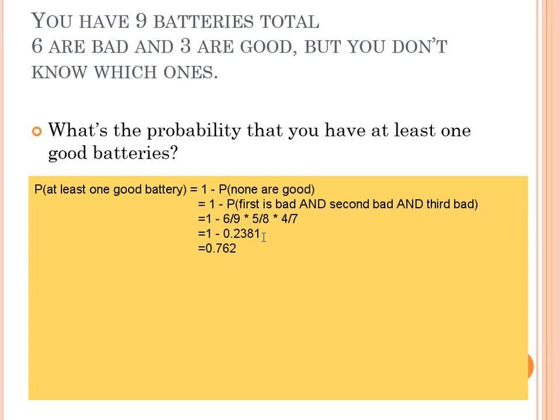We'll subtract that from 1, and the final answer will be 0.762, which gives us the probability that at least one battery is good, which is not an unusually low number. So it wouldn't be unusual to see at least one good battery if you were to select 3 of them.